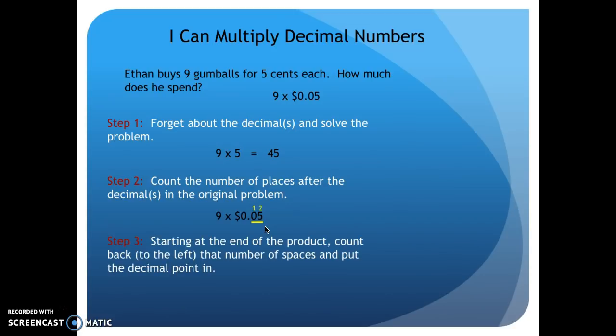In step 3, since my answer was 45, I'm going to go to the end of the product and count backwards, to the left, the number of spaces, which was 2, and then put my decimal point in. So 1, 2. My decimal point's going to go right there. And if I put my placeholder in the ones place, my answer would be 45 cents.